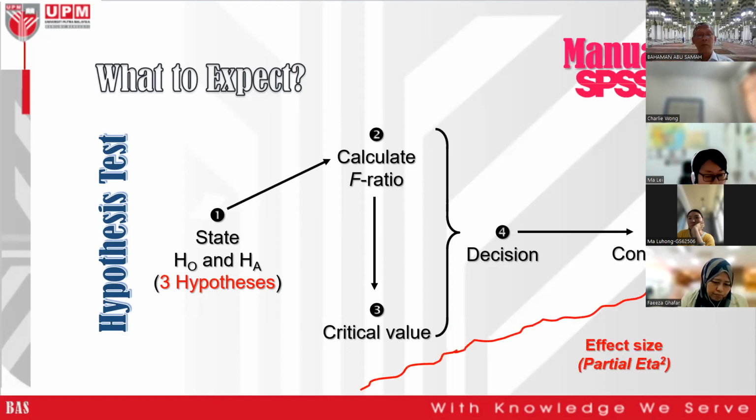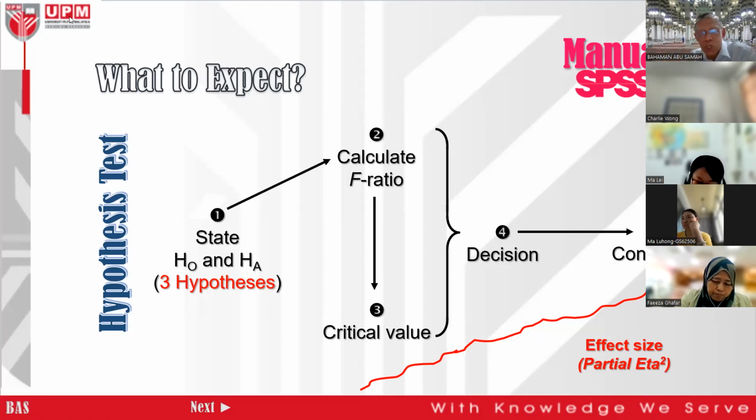In addition to that, after we have done the testing of the hypothesis, we may want to proceed, especially when you reject the null hypothesis, to explain how big the difference is. If you want to explain how big the difference is, then we proceed with effect size. The effect size of concern here is not eta squared, but partial eta squared.